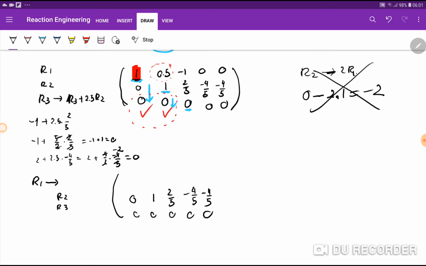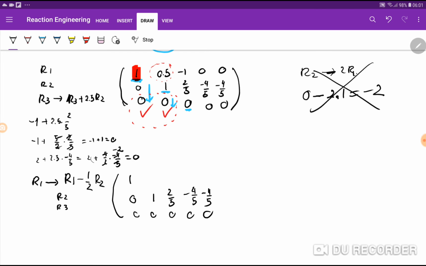So instead I will replace R1 with R1 minus 2R2. Okay, let's see what it brings. So R1 is this: 1 minus 2 times 0 is still 1. 2.5 minus 2 times 1 is, wait, no, it's 1/2 actually. Okay, sorry, this is correct.